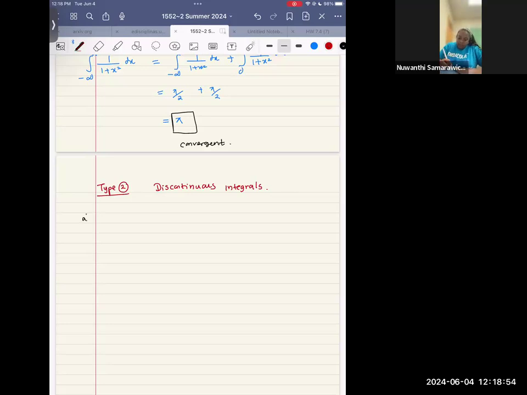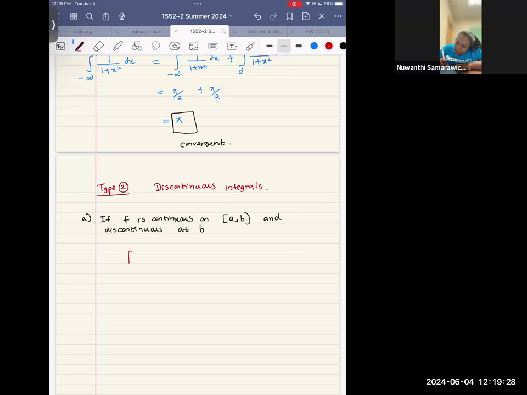Let's first say part A: if the function f is continuous on the interval closed bracket a to b, remember here the b is just a parenthesis, so this means b is not included, and this f is discontinuous at b.